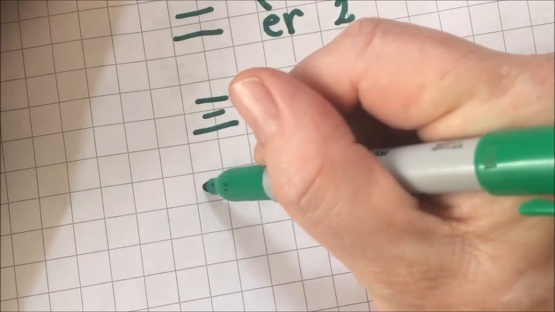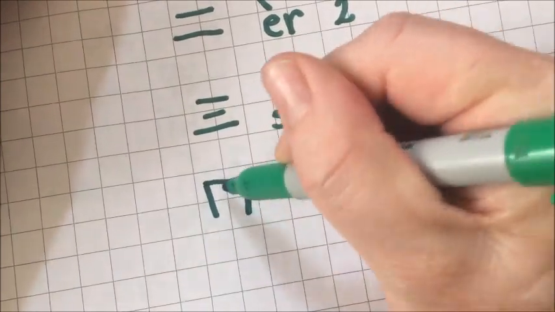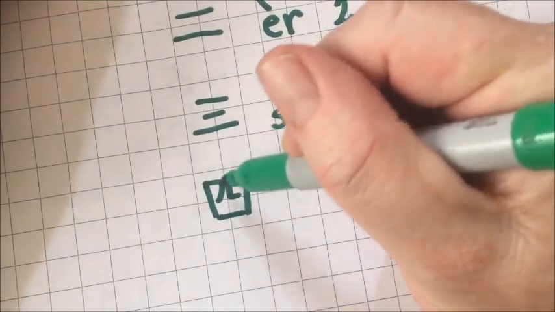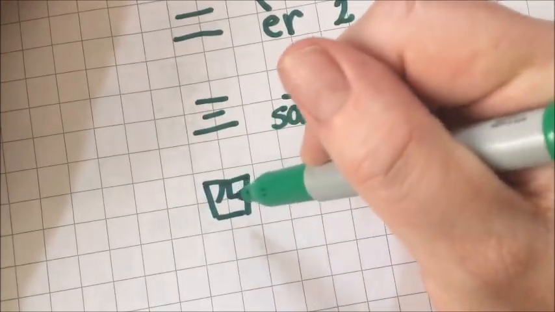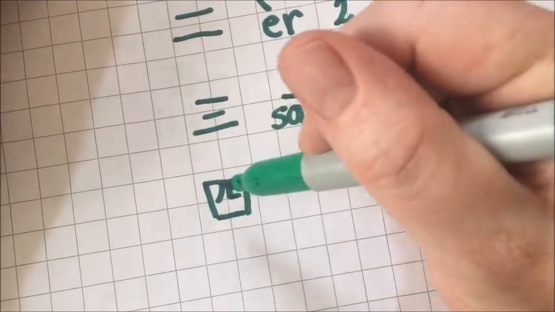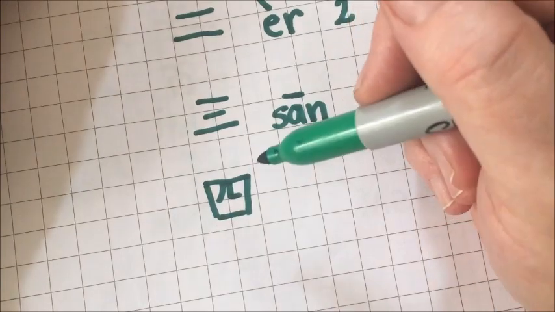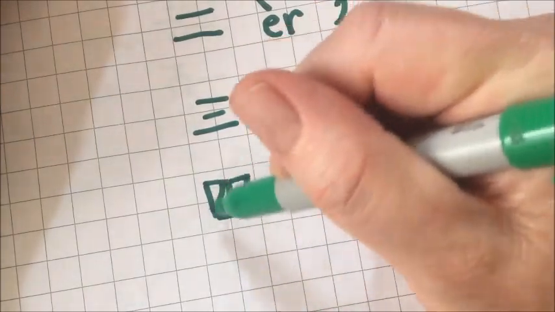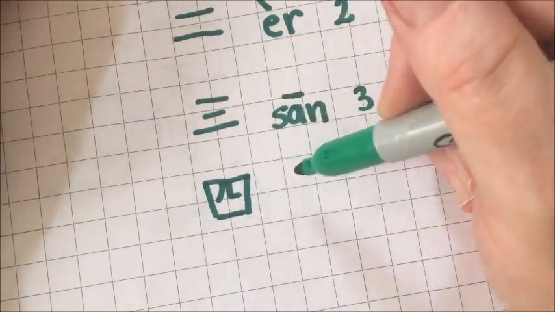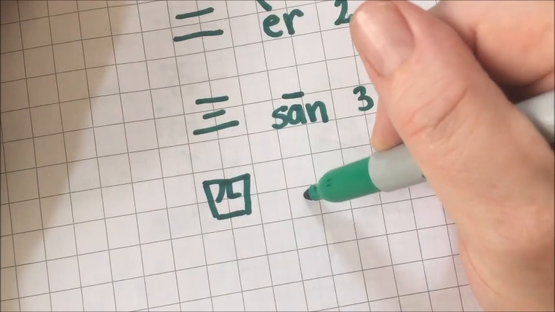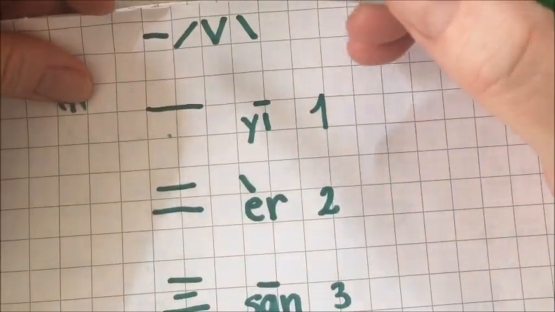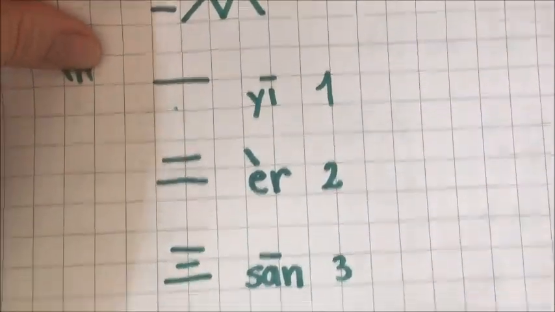So number 4 is written like this. There is no evidence of the sound of this character within it. So Chinese children, Chinese people learn the character like this and they associate it to the sound. There is nothing that regards the sound in this character. So they learn them by memory. And this is 4, which has accent number 4, this one here.